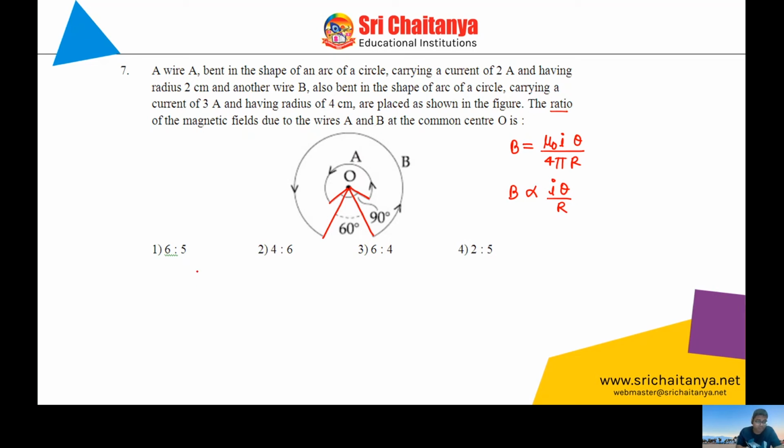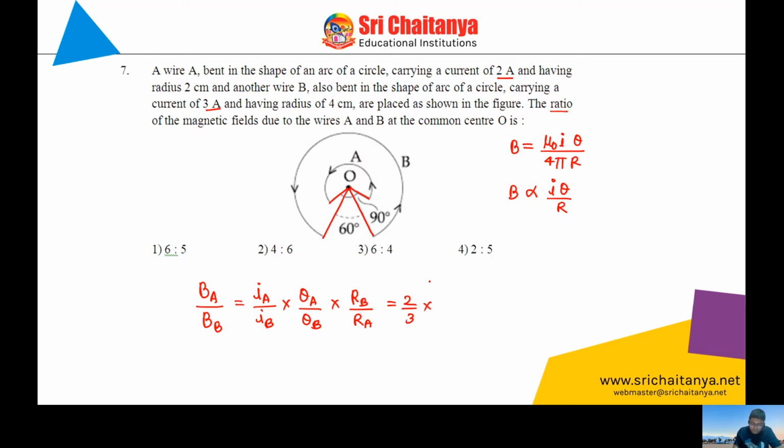So the magnetic field due to A upon the magnetic field due to B will be IA by IB into theta A by theta B into RB by RA. Now let's substitute the values. IA is 2 and IB is 3, so 2 by 3.